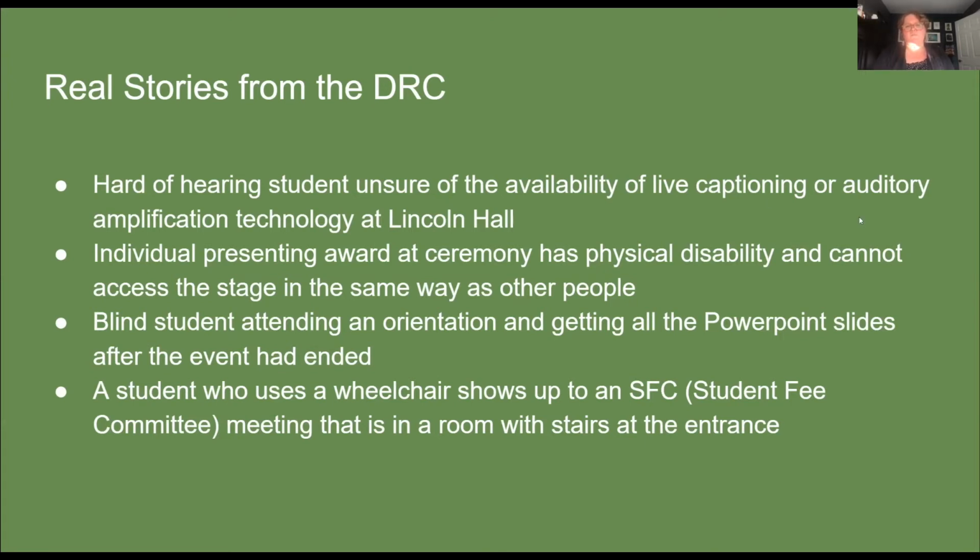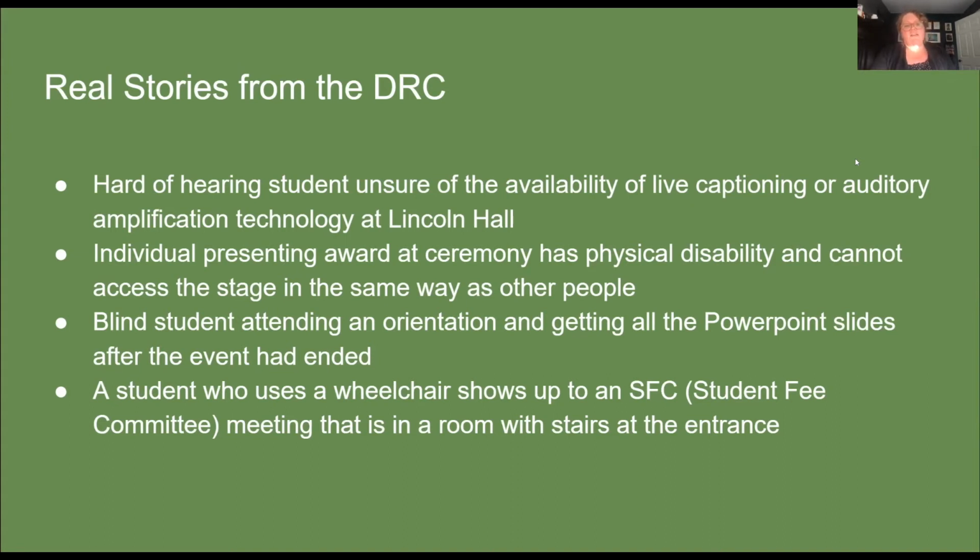The person who was presenting didn't do a great job of being explicit about what was on the slides, instead said a lot of like, this is a great opportunity, right? Instead of describing what this actually was. And so the student got the slides after the event had ended and ended up going back and revisiting everything throughout the day to really know what was going on.